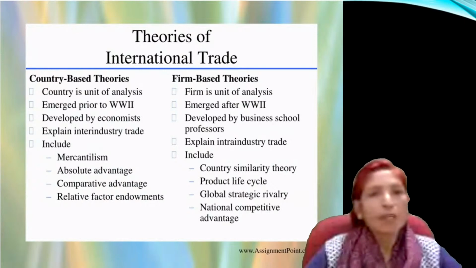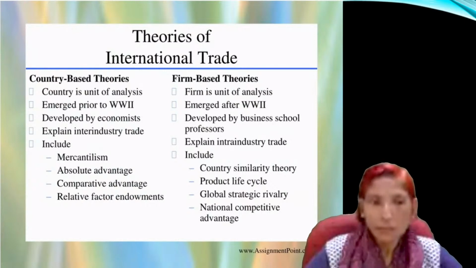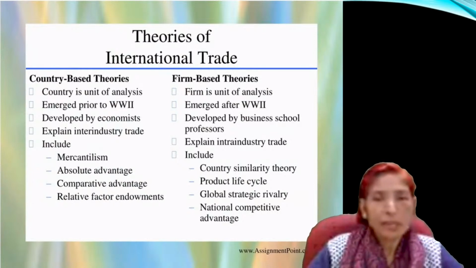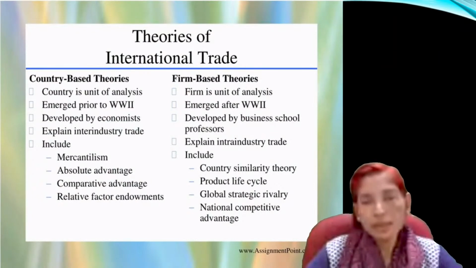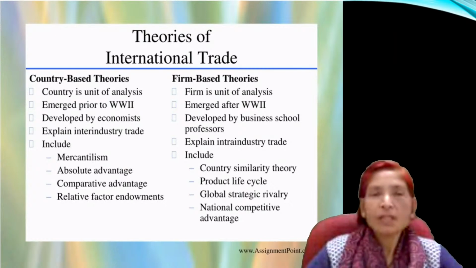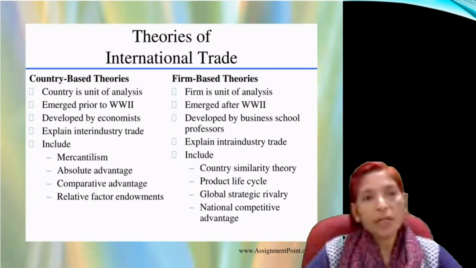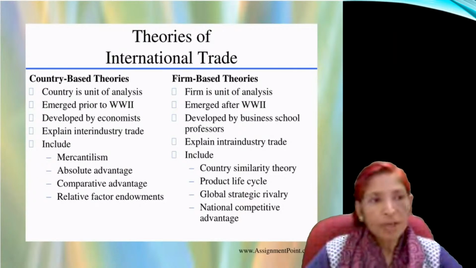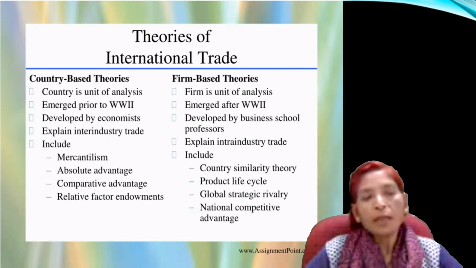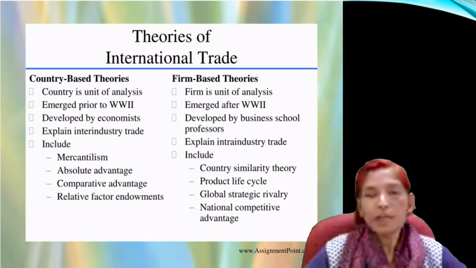Next is theories of international trade. There are different theories of international trade which we can classify into two broad categories. One is country based theories, number two is firm based theories. Number one, country based theories, in which the country is the unit of analysis, emerged prior to World War II, developed by economists, to explain inter-industry trade.